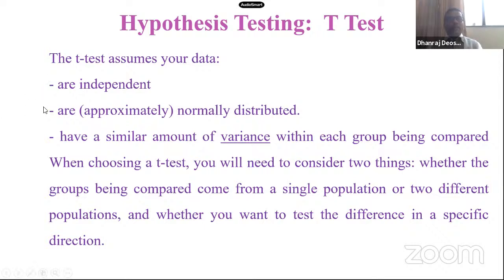Second, data are approximately normally distributed, meaning a normal, symmetrical distribution is expected. Number three, a similar amount of variance within each group being compared.